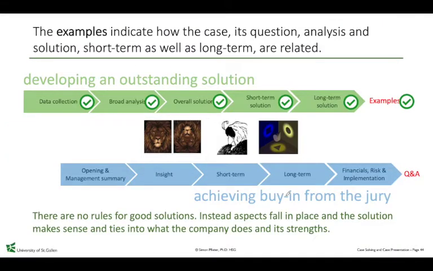So, with the examples, we basically understand that the case question, the data collection analysis part, as well as the solution, and which questions we answer short term, how we answer them short term as well as long term, are very related. Of course, there are different options.